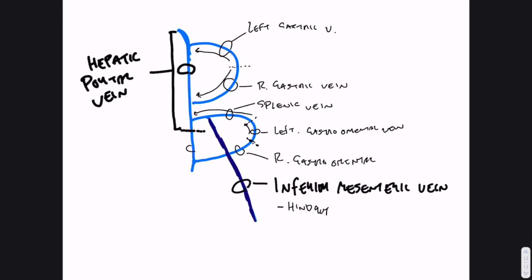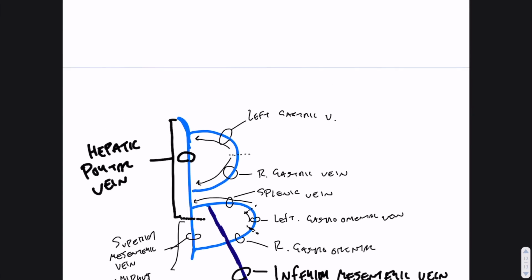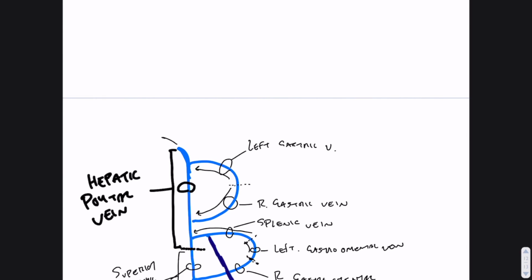Then we have this one over here, so kind of this extension. That's going to be the superior mesenteric vein, which drains the midgut. So all of our gut tube organs are coming into the hepatic portal vein eventually. So there's those veins. The hepatic portal vein goes up into the liver.